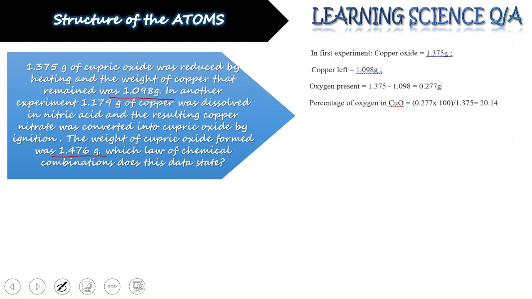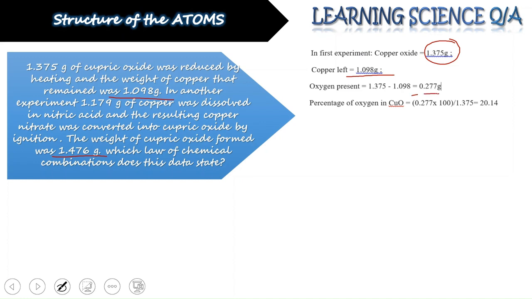In the first experiment, we have copper oxide weighing 1.375 gram, and after reduction, the copper left with us is around 1.098 gram. Definitely, the remaining weight is constituted by the oxygen. So the oxygen present is calculated by subtracting the copper weight from the total weight.